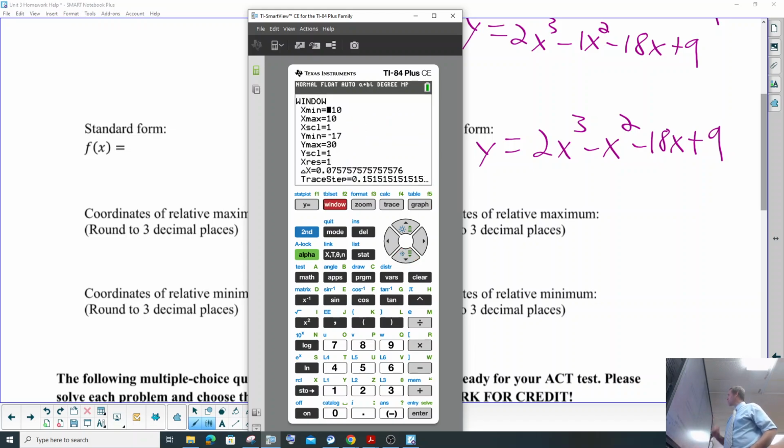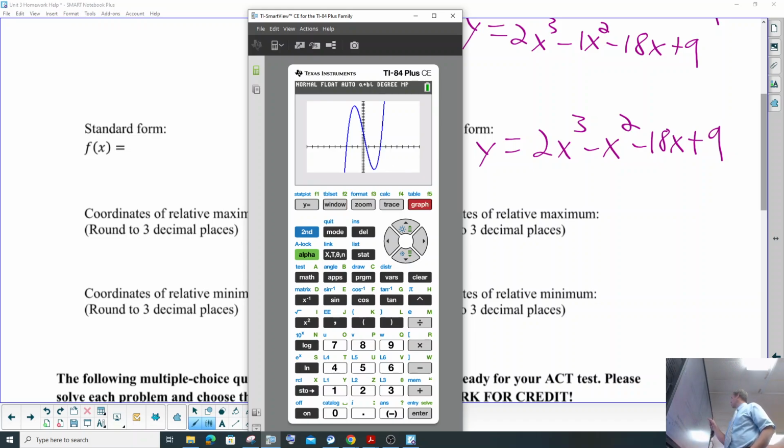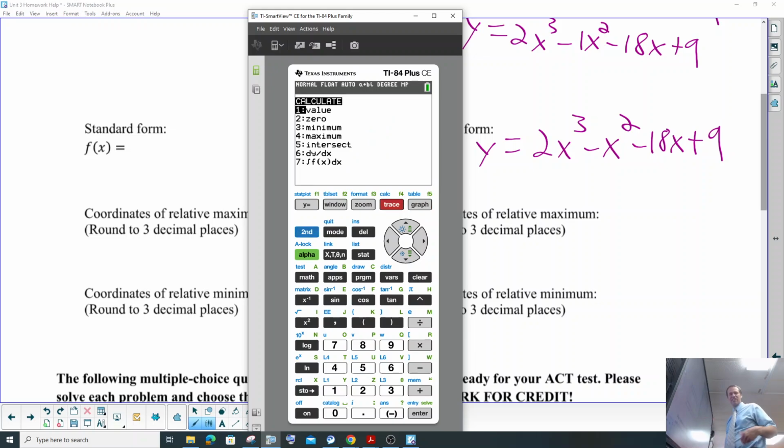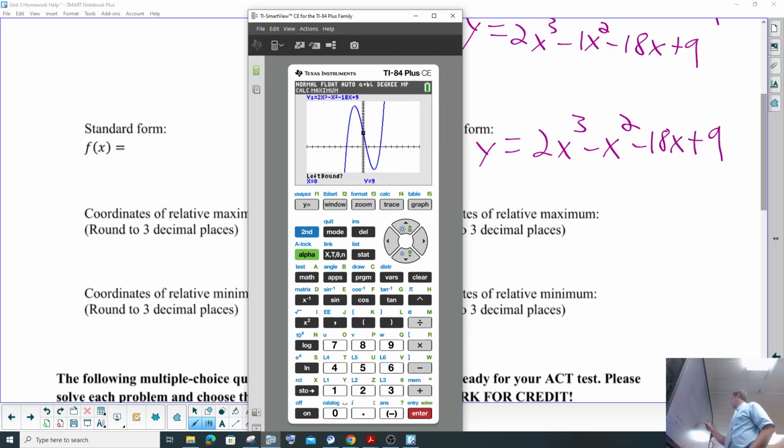Now that we messed with our window and we can see the graph, we can use the second trace, second calc, minimum and maximum features. Let's do the maximum first. It's asking for a left bound.